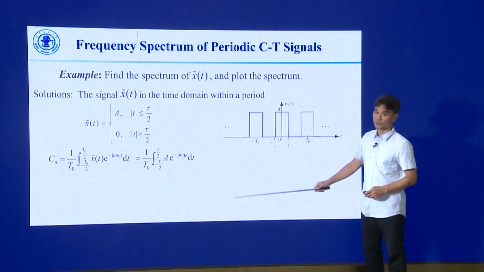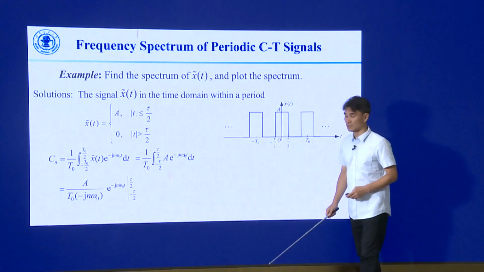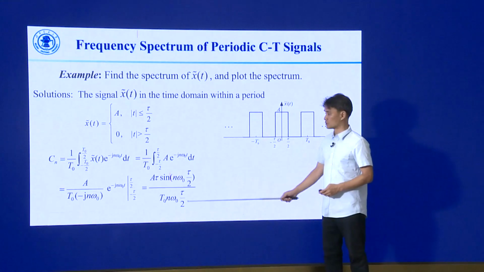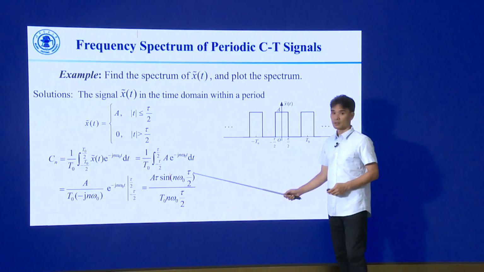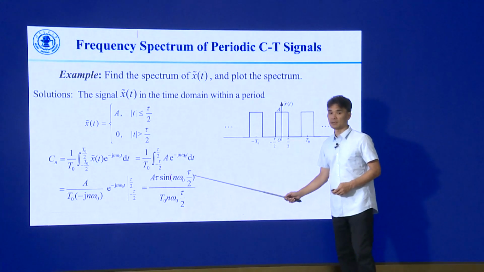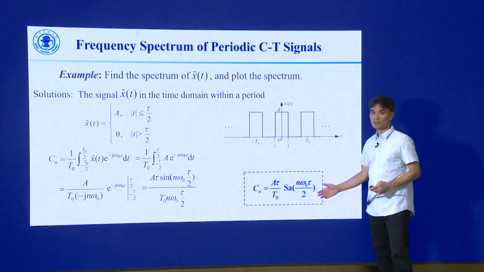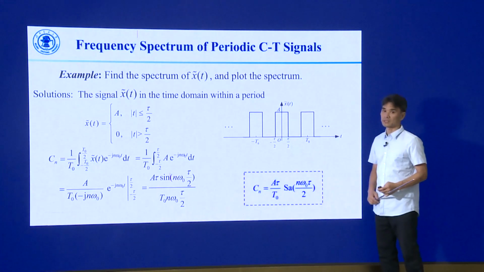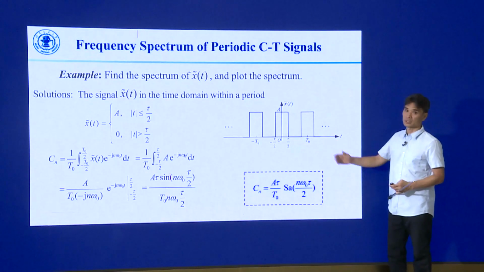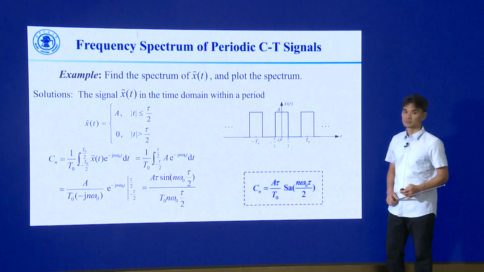And without going through the details, we show you the integral is equal to this function. And we can simplify it using the sampling function. And this is a more compact form of the spectrum of the periodic rectangle signal.